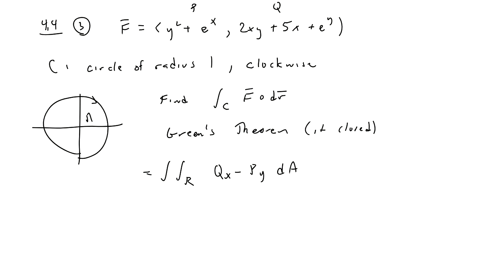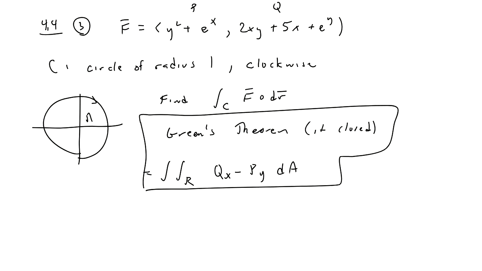So this is the main thing in 4.4, which is if we have a line integral and the path is closed, instead of doing the regular line integral where we have to parameterize the curve, what we can do is look at the double integral over the closed region of q x minus p y.